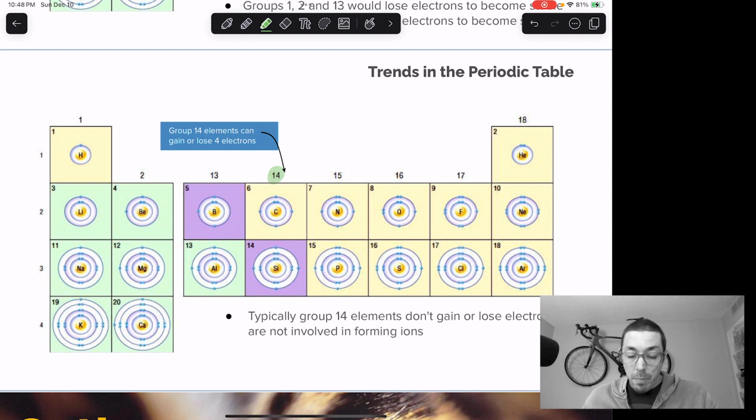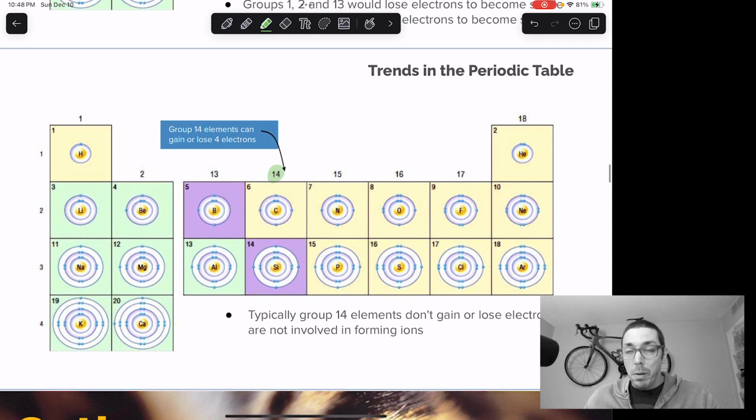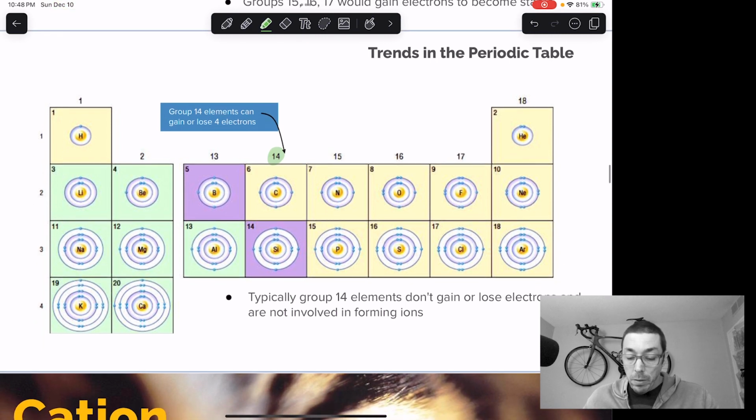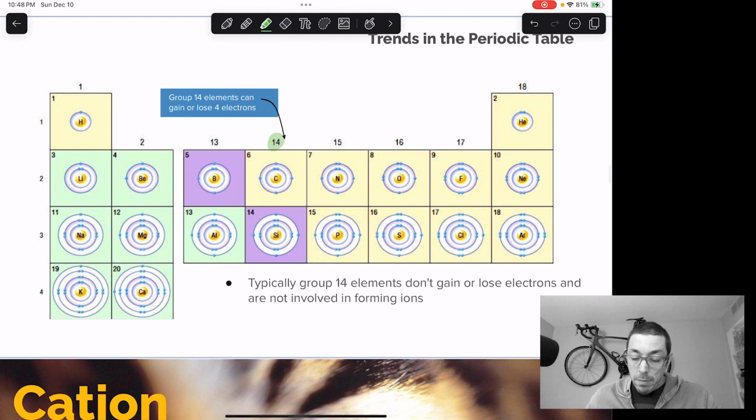It happens from time to time, but we typically don't see group 14 forming ions or making up ionic compounds, because 4 is a lot to gain or lose. They generally are involved in covalent bonding and molecular compounds, not ionic compounds.